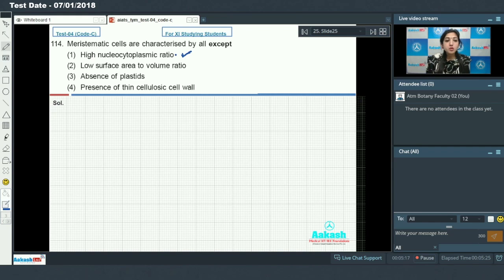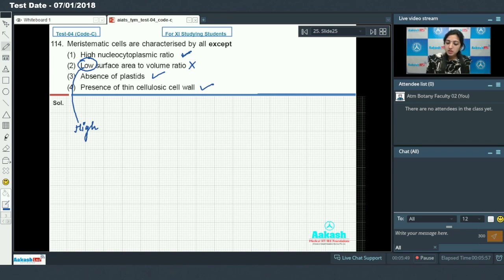Meristematic cell shows high surface area to volume ratio. So this option is incorrect, that meristematic cell is characterized by low surface area to volume ratio. It should be high. Okay. Meristematic cells are characterized by absence of plastids. This is correct. Plastids are absent in meristematic cells, and meristematic cells show presence of thin cellulosic cell wall.